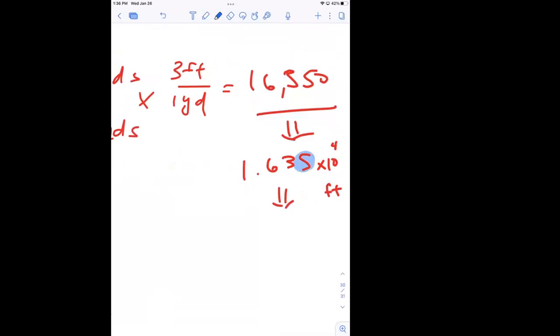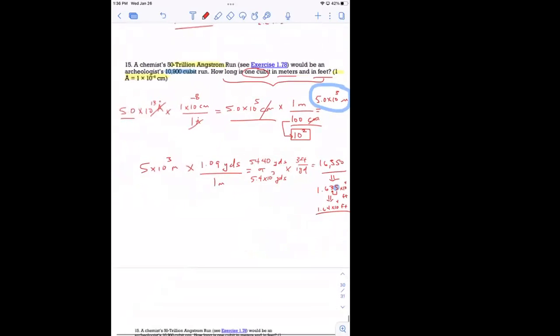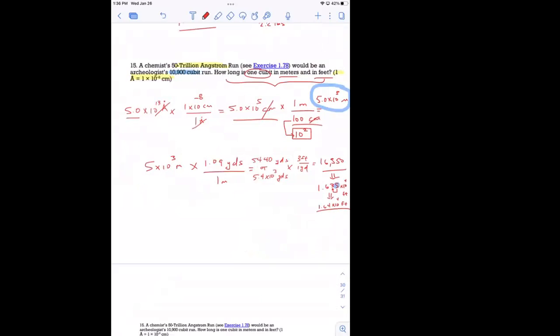We take this 5, it's going to round this 3 up to a 4, so that's going to be 1.64 times 10 to the 4th feet. And both of these are in reference to 50 trillion angstroms. So 50 trillion angstroms is equal to 5,000 meters or 16,350 feet.